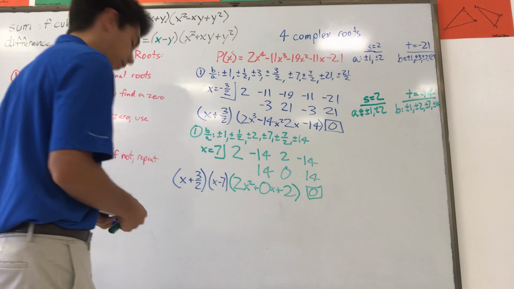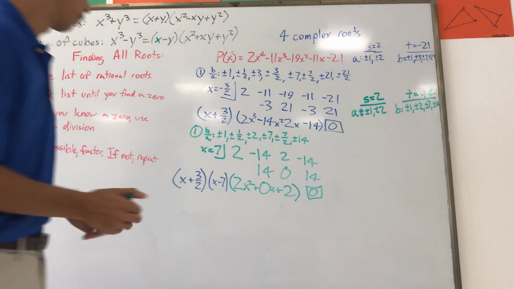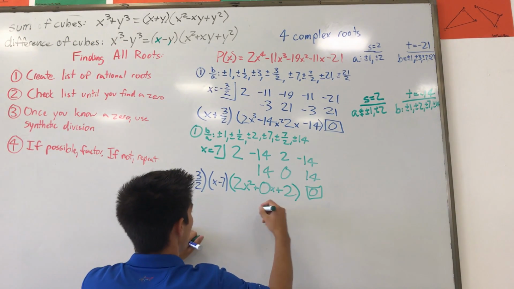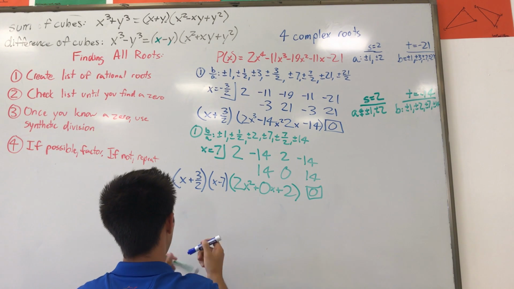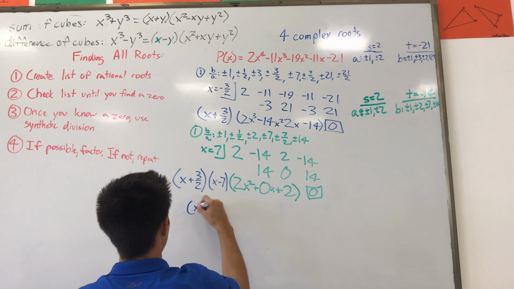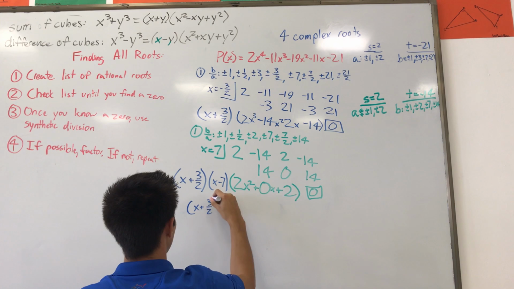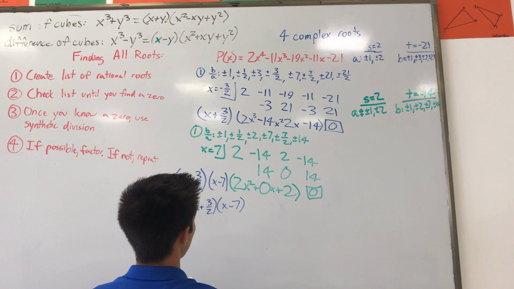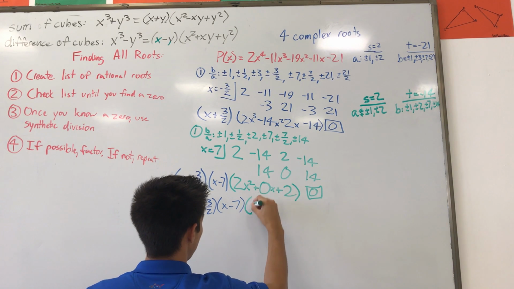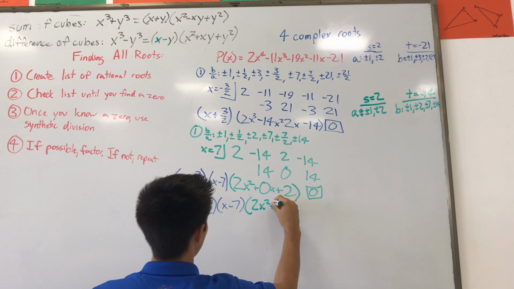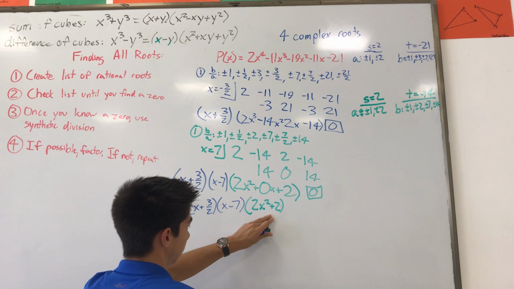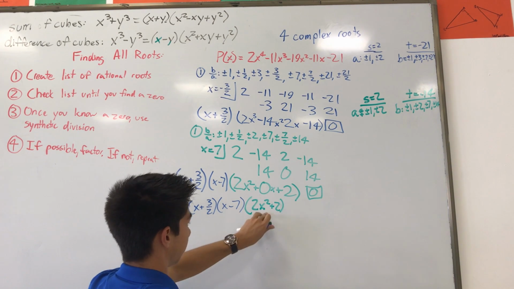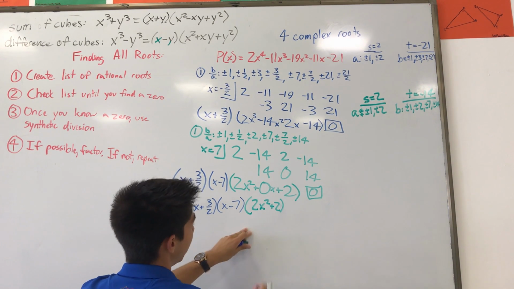So if we simplify it, I'm left with x plus 3/2, x minus 7, and then I know that I have 2x squared plus 2, which is what I have to factor, okay? Because these are already factored all the way, so I just need to worry about this part.